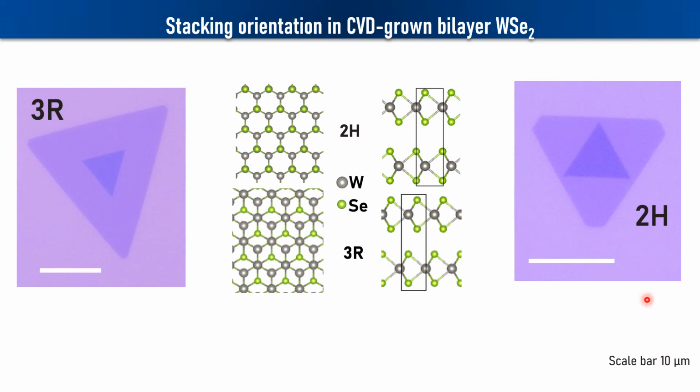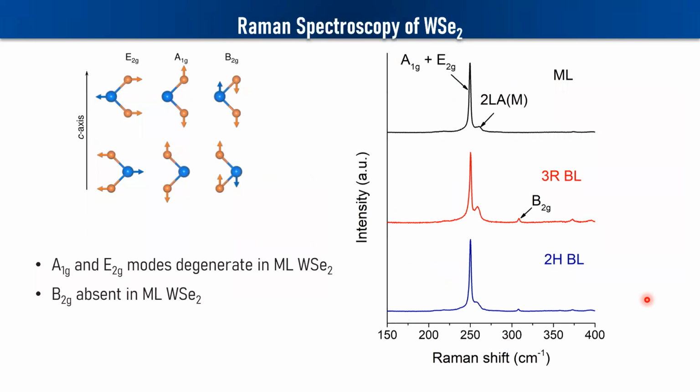Now, we wanted to study the spectroscopic signatures of these, so we have done Raman spectroscopy. This is to show how the Raman spectrum looks for WSe2 monolayer and 3R and 2H bilayer. One of the issues with WSe2 is that you have an almost degenerate A1g and E2g peak.